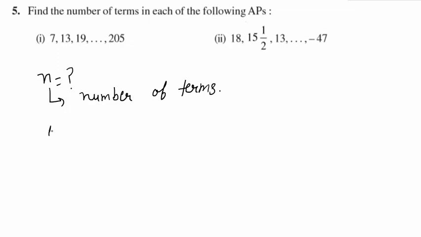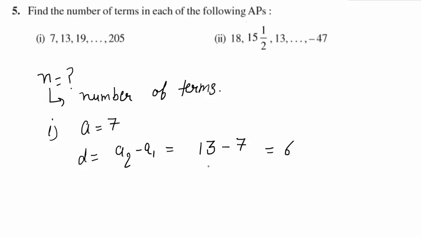So in the first part, A is given as 7, and for D we will use A2 minus A1. Here D is 13 minus A1, that is 7. So D will be 6, and the last term, that is the nth term, is also denoted by L, the last term.